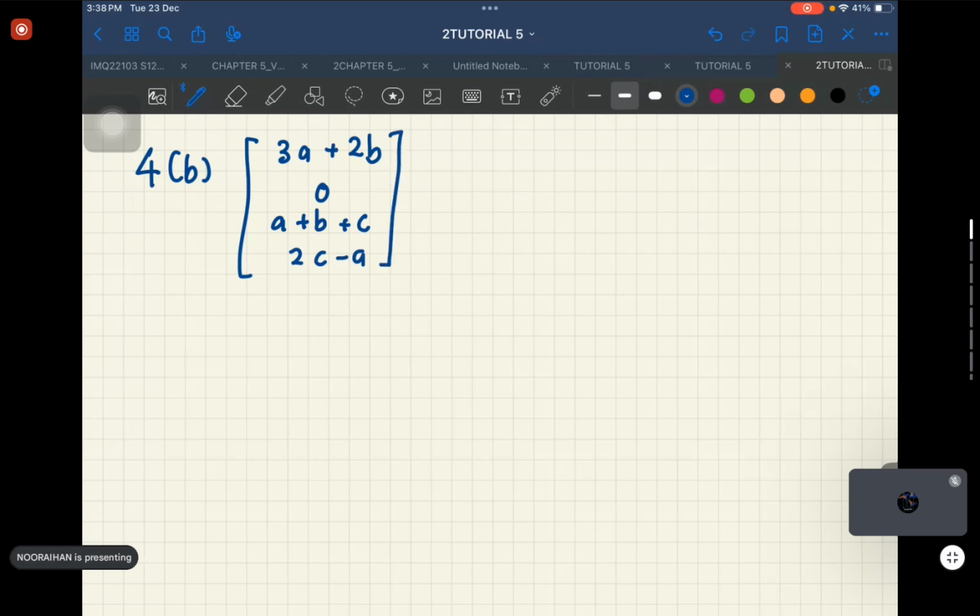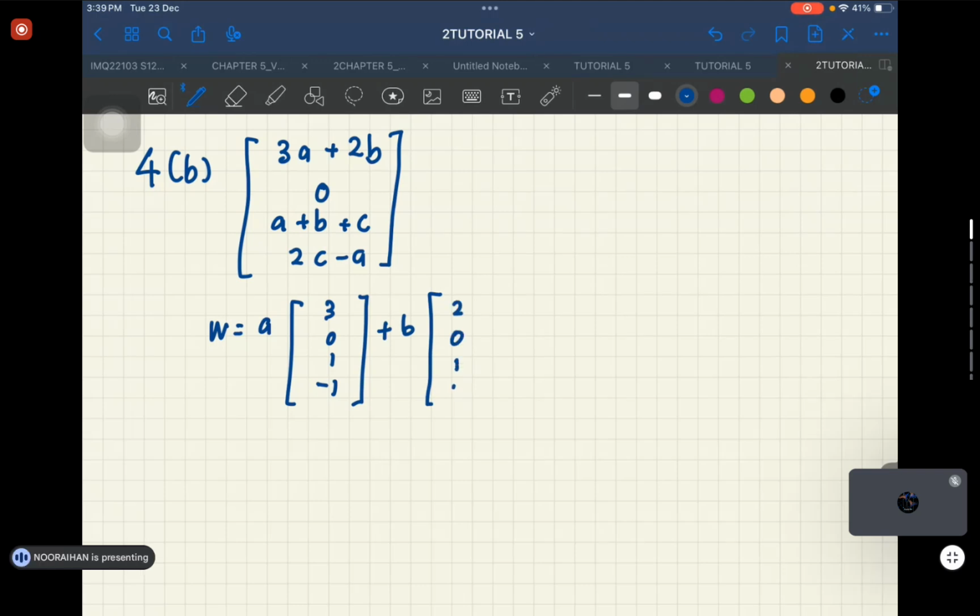So rewrite this to express W as a span. W is equal to A times (3, 0, 1, negative 1), plus B times (2, 0, 1, 0), plus C times (0, 0, 1, 2).